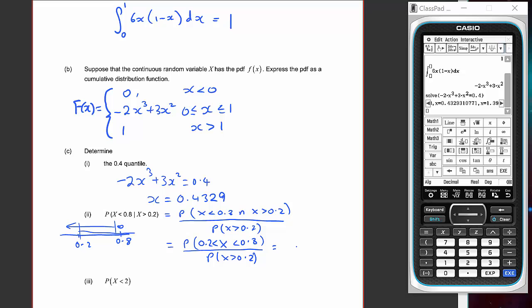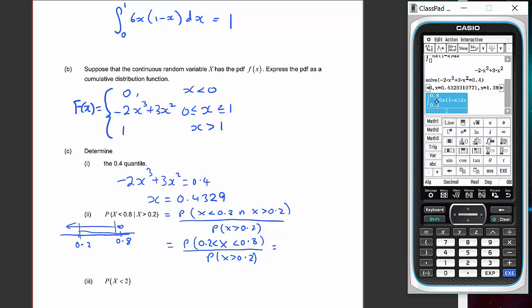And of course we've got the calculator to help us with this, so let's just use the integral. So we've got the integral from 0.2 to 0.8.